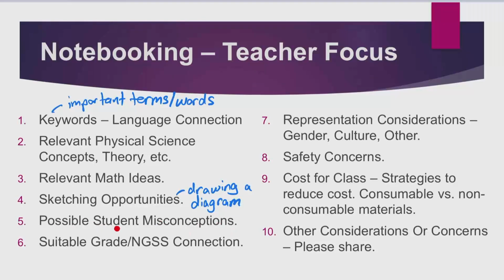You want to be thinking about possible student misconceptions. You're almost never going to get all of them, which is awesome. You'll have been teaching it for 5 years, and then suddenly a student will come up with some new way to do something that you didn't expect.